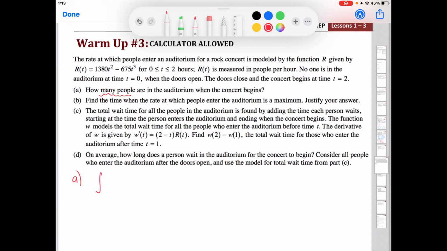So I'm going to find the integral from 0 to 2 of r of t dt, which would be from 0 to 2, 1380 t squared minus 675 t cubed. You can actually take the integral without using the calculator also, but use the math number 9 feature and plug that into the calculator and you should get 980 people.